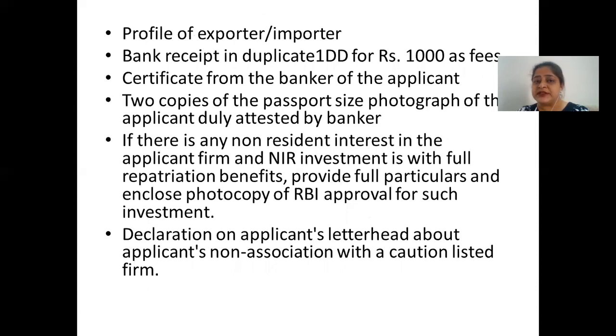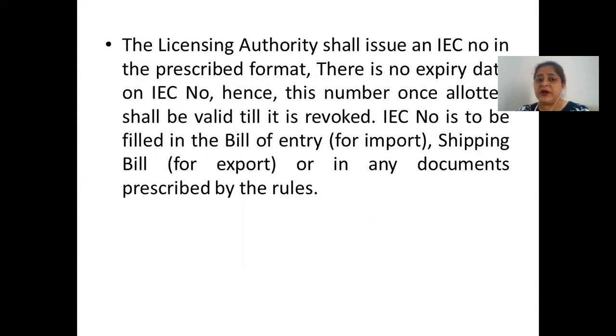This procedure says that we need to give the profile of the respective importer or exporter, and we need to give the respective fee in the bank receipt in duplicate. Along with that, the passport size photograph, and if the person is non-resident, then the complete details and a copy of the RBI approval are required. Also, any association with a listed firm is to be declared, that there is no association with any of the listed firms.